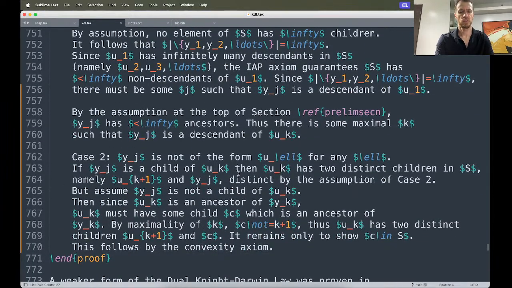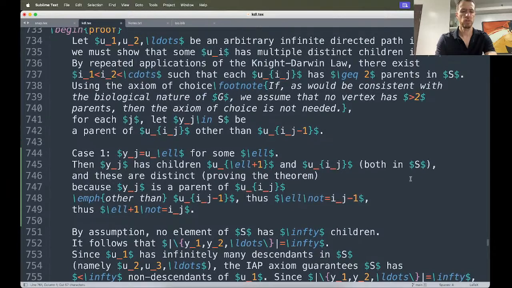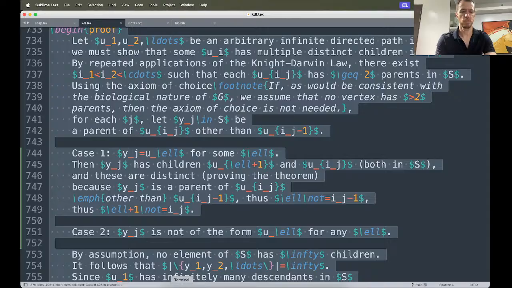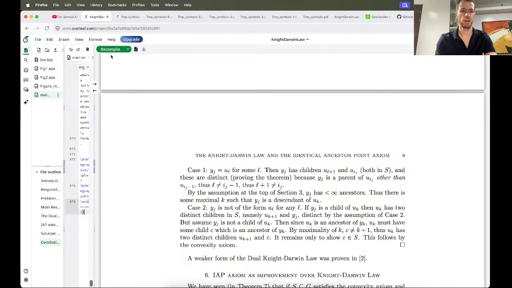And then what about the case where Yj... yeah, we need k for that, so we'll just move the statement of case 2 up immediately following the case 1 paragraph. Let's proofread this proof now.